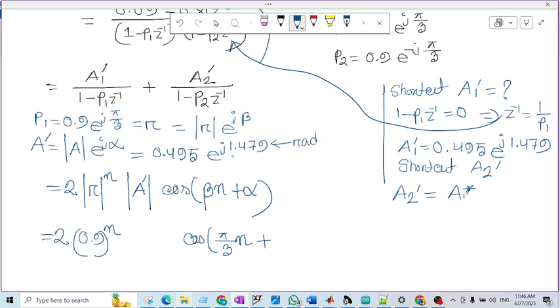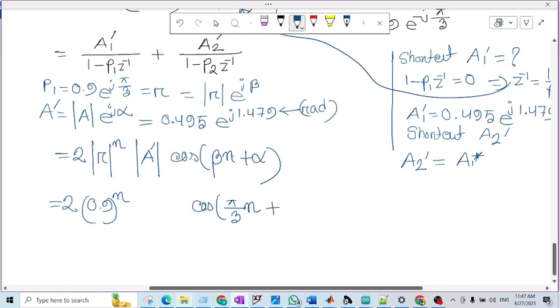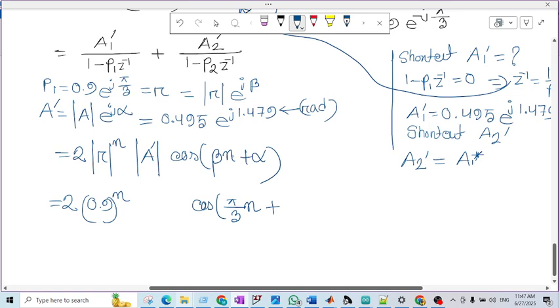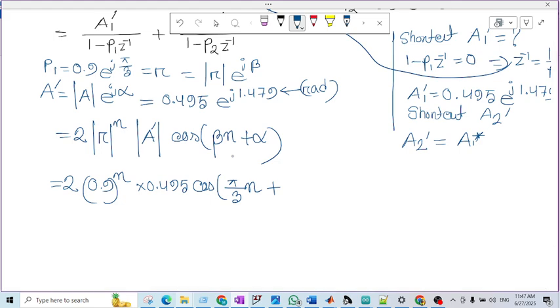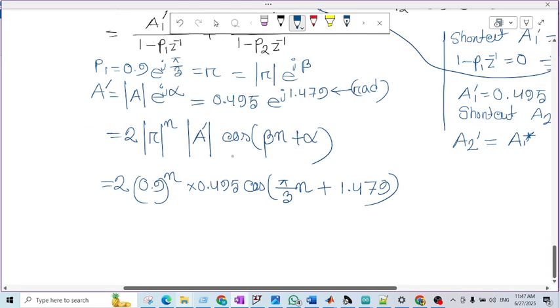I have set my calculator in radian mode, but it's your choice. You can take it in radian, you can take it in degree. So let's write here 0.495, then write here 1.479. So this is my zero input response in n domain.